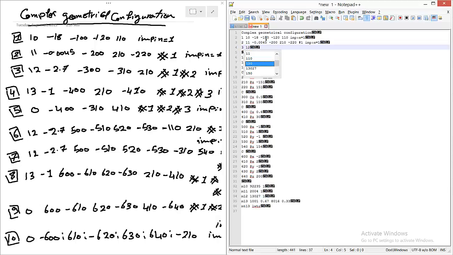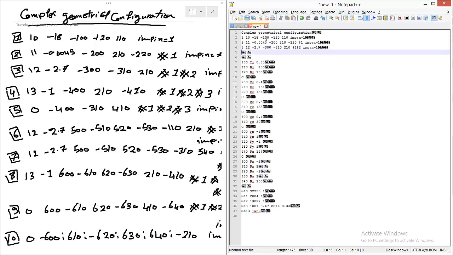Cell number 3 consists of material 12 of density negative 2.7 gram per centimeter cube, negative 300, negative 310, positive 210, excluding 1 and 2. Importance of the neutron equals 1. Cell 4 is material 13 of density 1, which was water, negative 400, 210, negative 410, excluding the cells 1, 2, and 3.